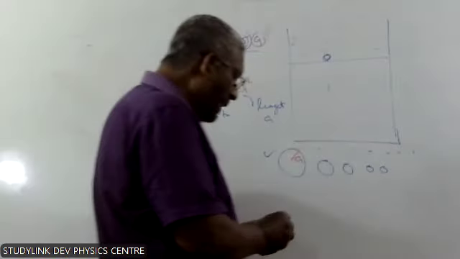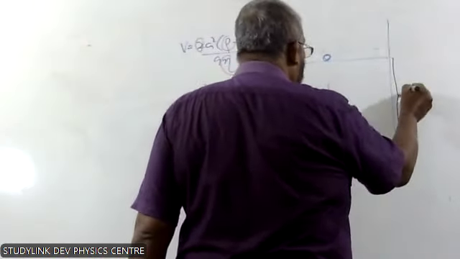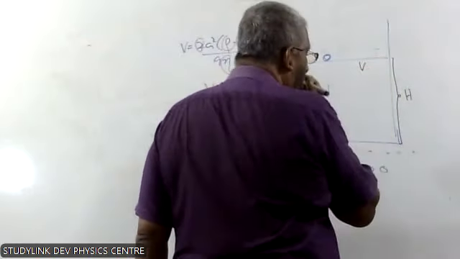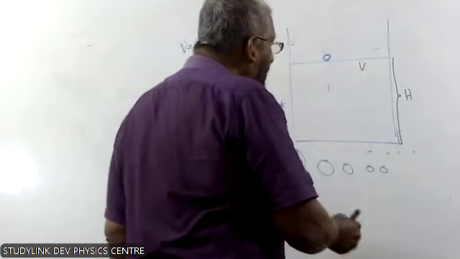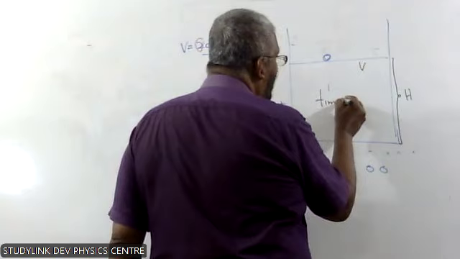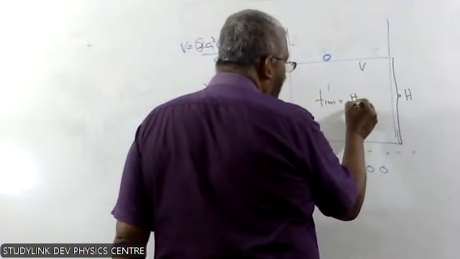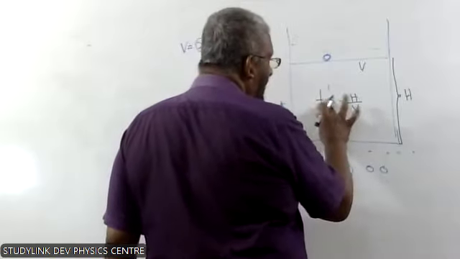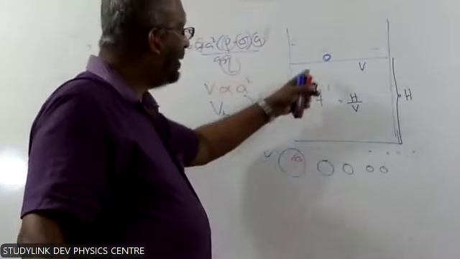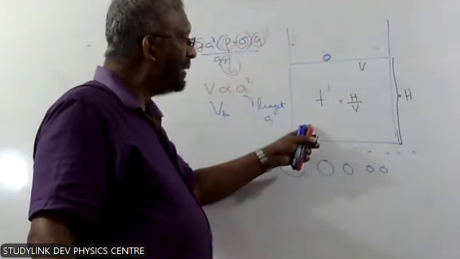Therefore, if you consider the height as capital H and terminal velocity V, then time is equal to distance divided by velocity. Then T equals H over V. We can calculate the time reached.